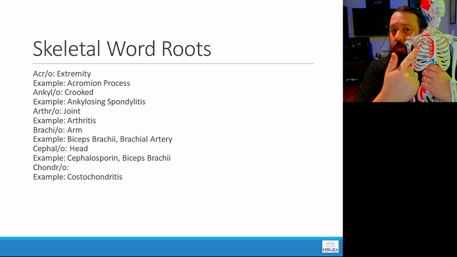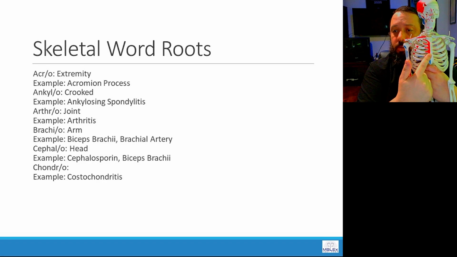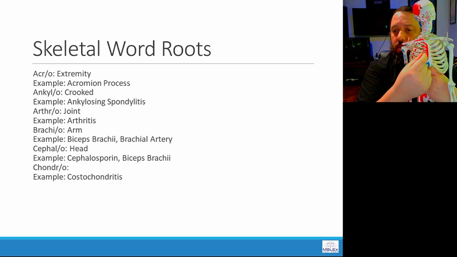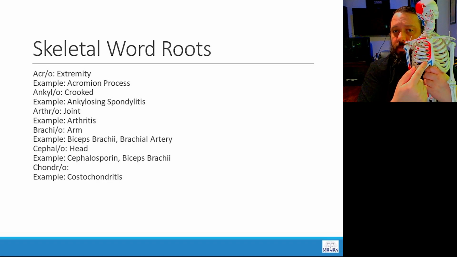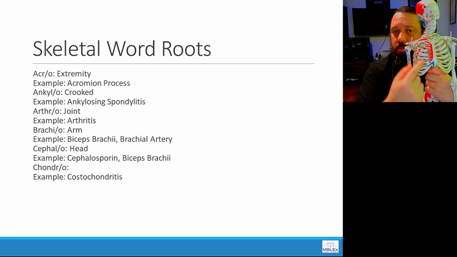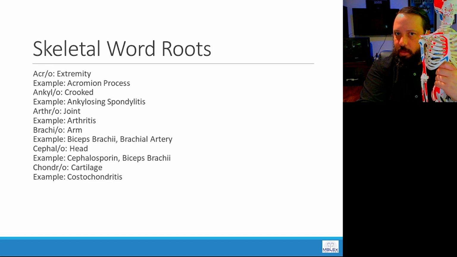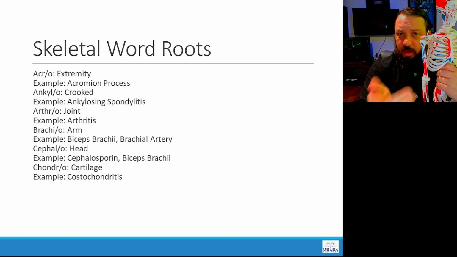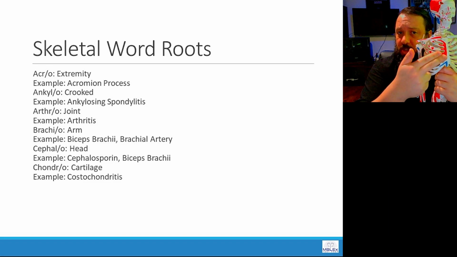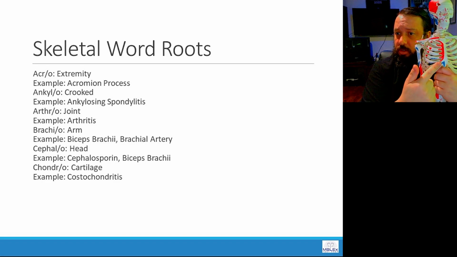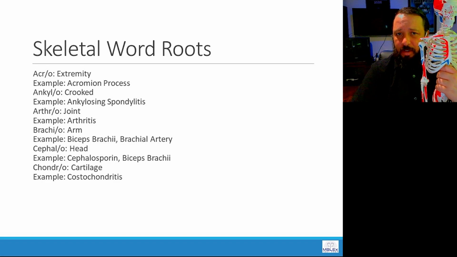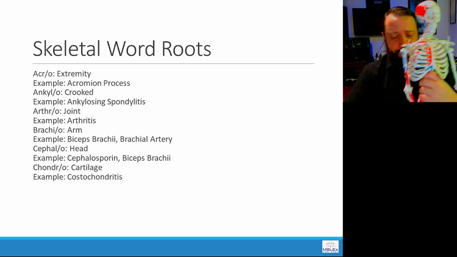What connects the bones to this bone right here? And these are joints, right? So these are connected by cartilage. So chondro means cartilage. Costochondritis is inflammation of the costal cartilage right here, which is never going to be fun.